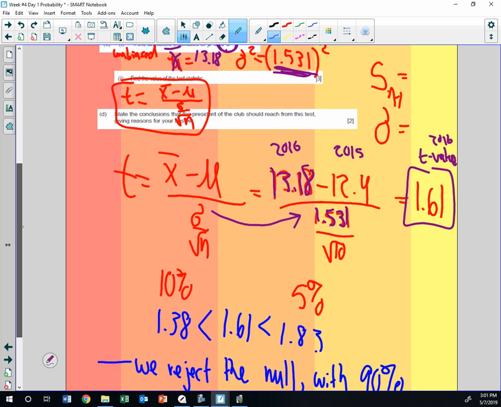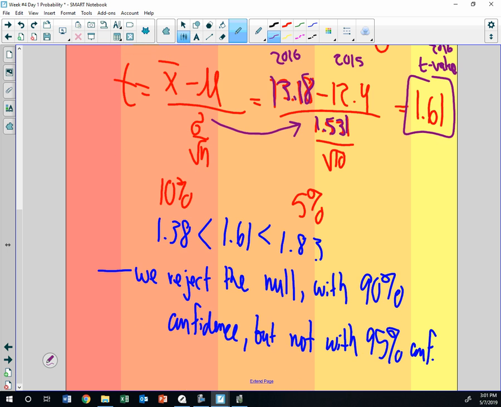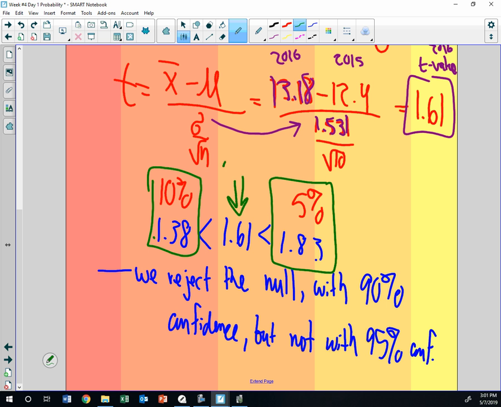And then the last part, state a conclusion that the president of the club could reach. So I'm looking at 10%, or 90% confidence, which is 1.38, and 5%, or 95% confidence, which is 1.83. This is where my 2016 data t-value sits.